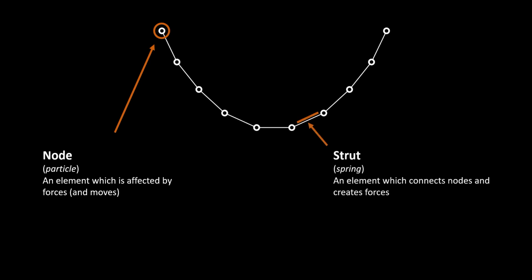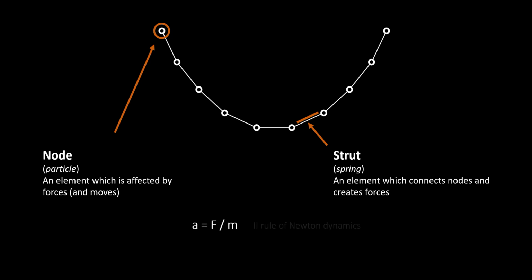And the springs are something that transmits the force. A spring can have its own properties, and basically it drags or repels two particles from each other. So we have just the nodes and just the struts. That's all we have in Kangaroo.